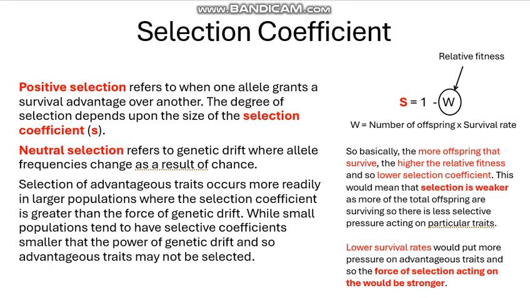Selection is weaker because these organisms are already well suited to their environment, so they're all producing a lot of offspring, and then a lot of those offspring are surviving, whereas if relative fitness was lower and there were lower survival rates, then fewer offspring are surviving to maturity, so only offspring with adaptations to overcome whatever problem is killing them are able to survive and reproduce, and so those alleles associated with these surviving organisms are going to be selected.